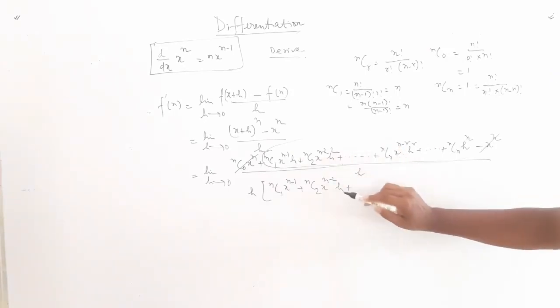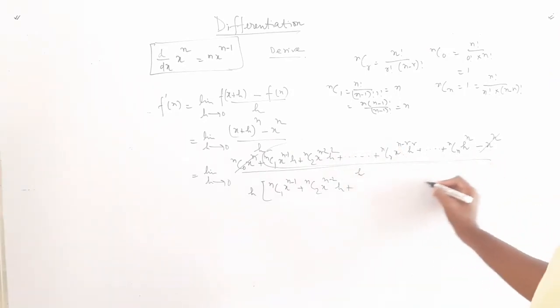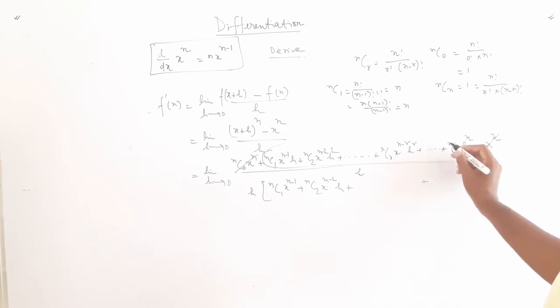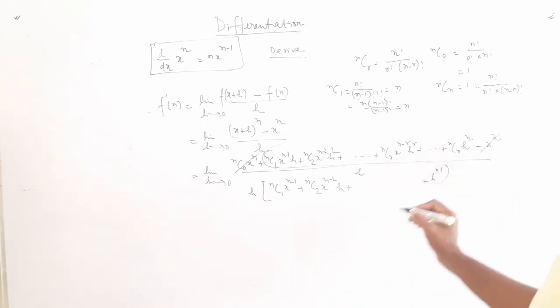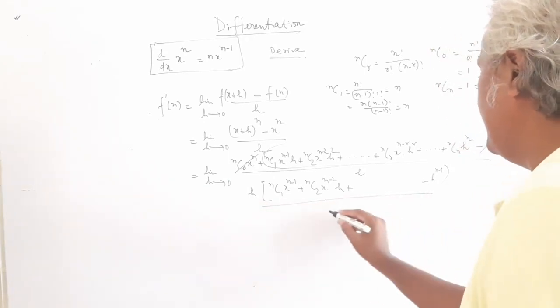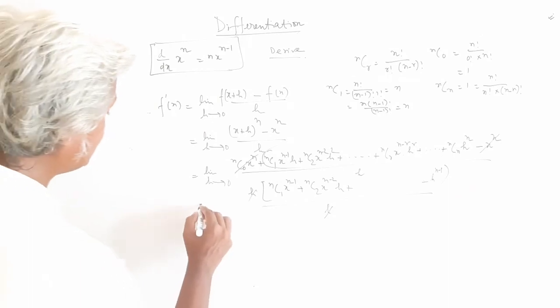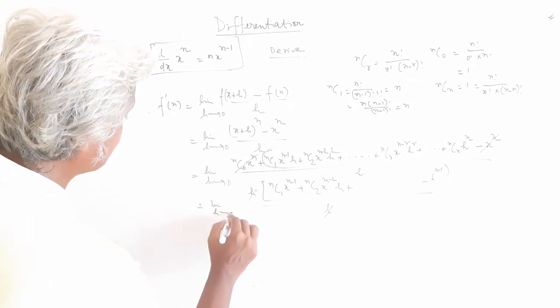So h square becomes h, and I would like to write the last term, that is nCn is 1, and this will become h to the power n minus 1, over h. This h cancels this h. This is your limit h tends to 0.